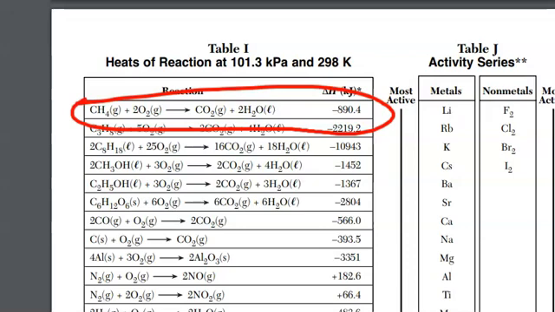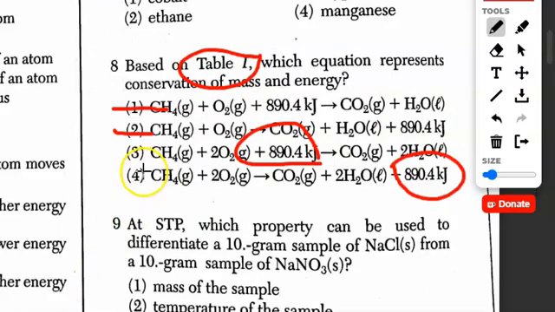You can go ahead and scroll down to the bottom of this table, and it will tell you the exact same thing. Therefore, that makes the answer here for question 8 choice 4. Not that it was that hard, but it is a 2-part question, and you have to go to the reference table. I haven't seen this question in a while.